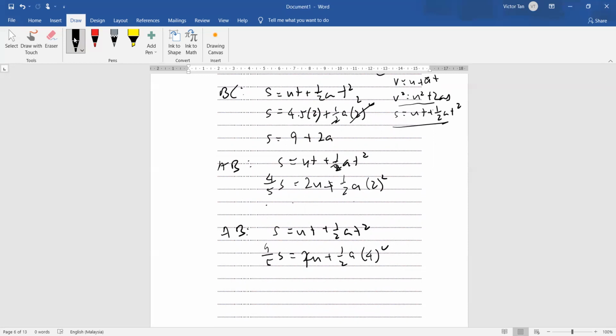So this is U divided by 2. U equals 2 over 5 S minus, this is 2A divided by 2 is A. So I'm going to substitute S. So U equals 5, 9 plus 2A is A. U equals 18 over 5 plus 4 over 5 minus 1 over 5 A. Okay.